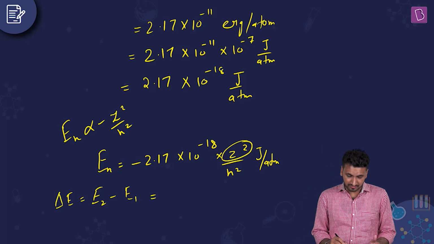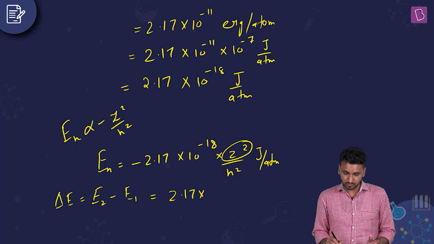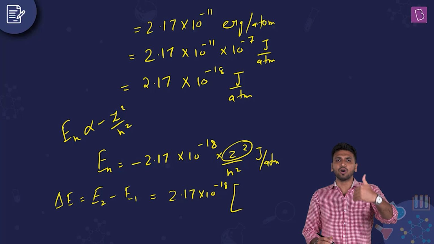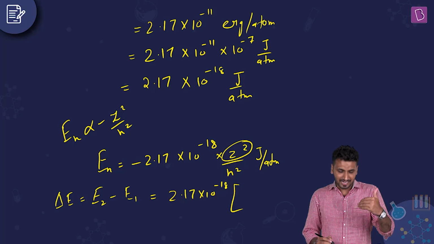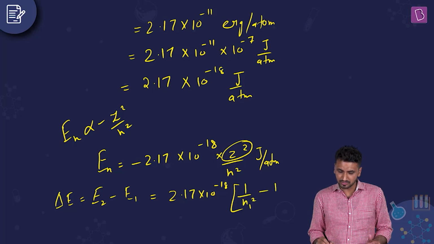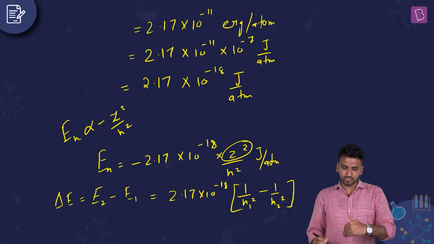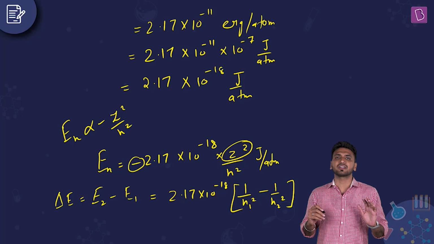So E2 minus E1: if I take 2.17 into 10 raised to power minus 18 common, this will be minus 1 by n2 square minus 1 by n1 square, and this minus sign will make it 1 by n1 square minus 1 by n2 square. I have accommodated the negative sign inside the bracket.